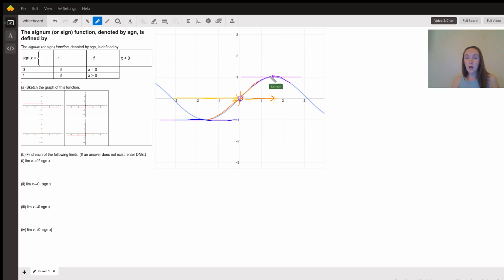We're not going anywhere. We're approaching 1 because it's not moving at all. It's a constant function on this interval. Coming from the negative direction we were approaching -1, and coming from the positive direction we're approaching +1. That means the limit as x approaches 0, not from positive or negative, just the plain old limit, doesn't actually exist because -1 doesn't equal +1.